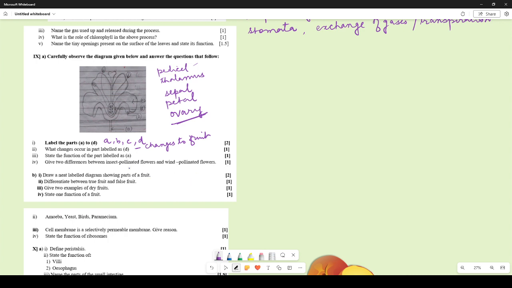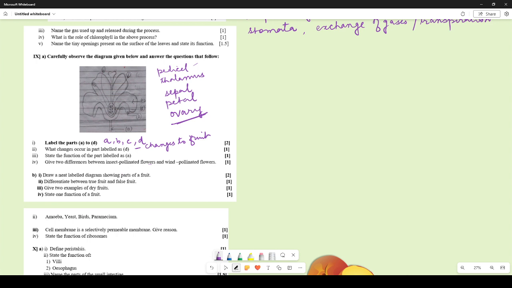Now many have written insect pollinated flowers are pollinated by insect, wind pollinated flowers are pollinated by wind. Absolutely wrong, because this is what is given over here. It is already mentioned in the question. So what you are supposed to write over here? Here the stigma is sticky, the stigma is feathery.